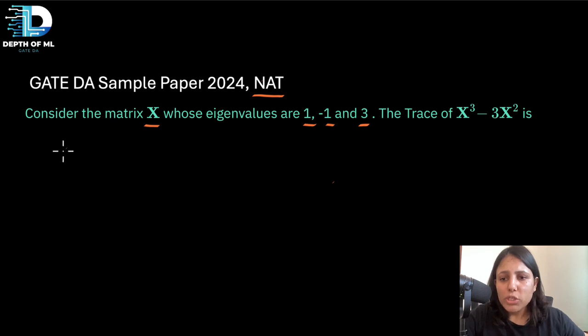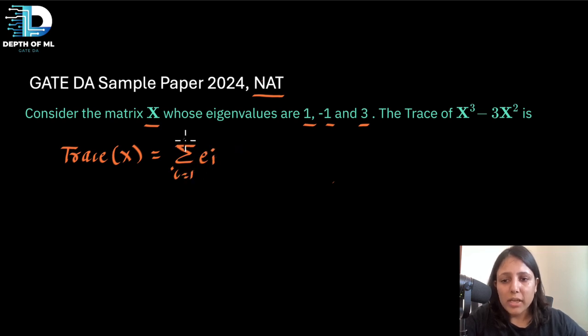First of all, we should know what a trace is. The trace of matrix X is nothing but the sum of all the eigenvalues. We have 3 eigenvalues, so we'll sum those up, where e_i is the eigenvalue.